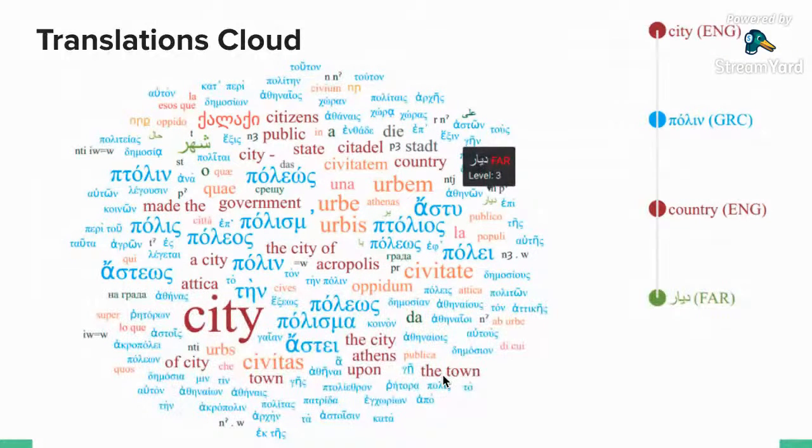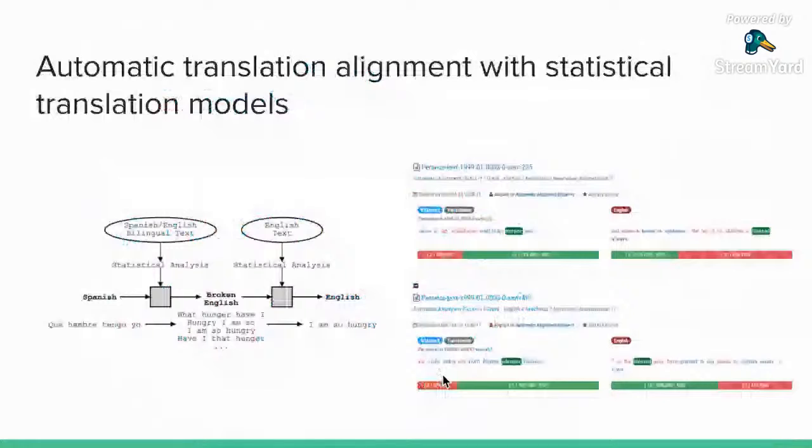And this is particularly important when it comes to implementing statistical machine translation, so a method that ideally should lead us to some sort of automatic translation across languages, or automatic alignment across languages.